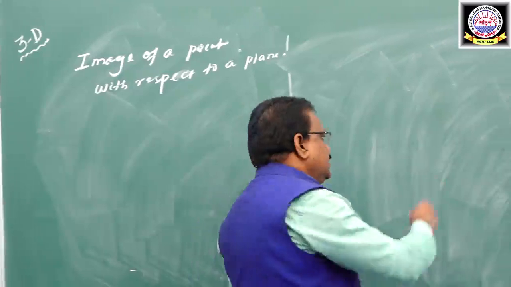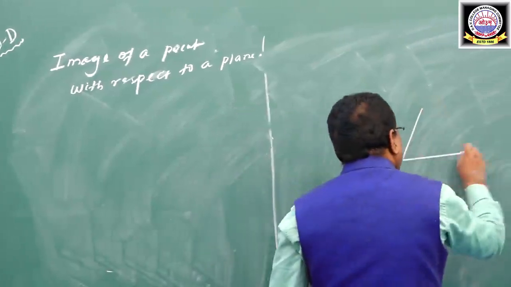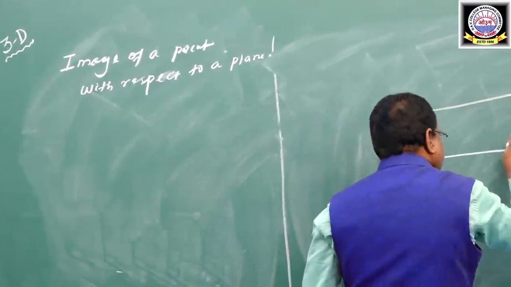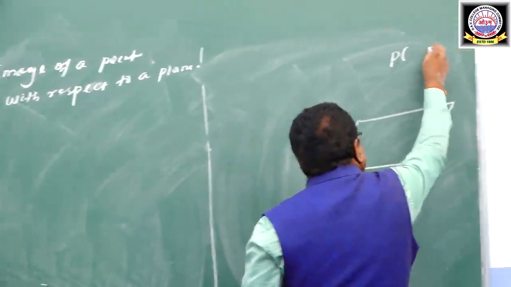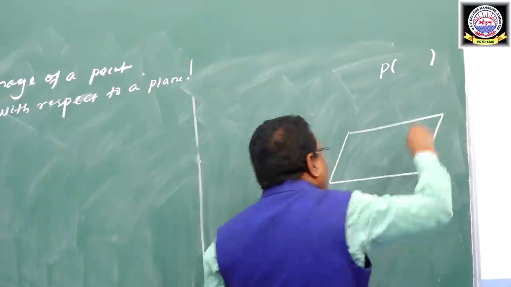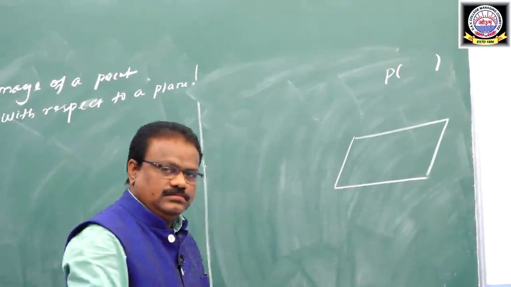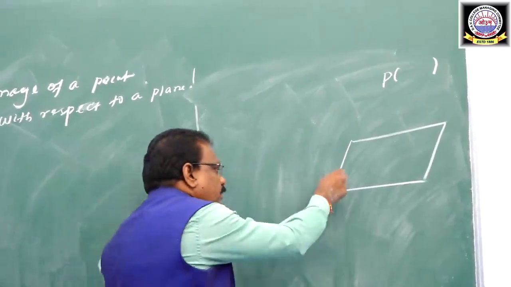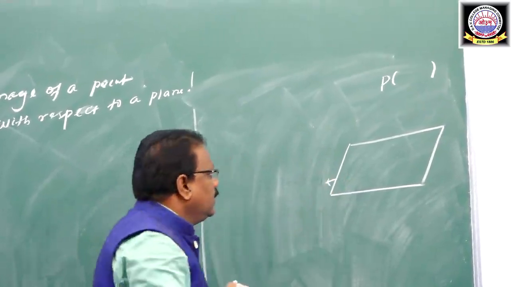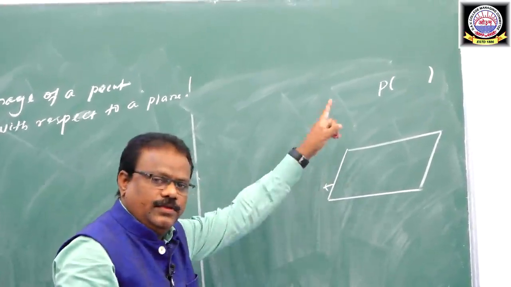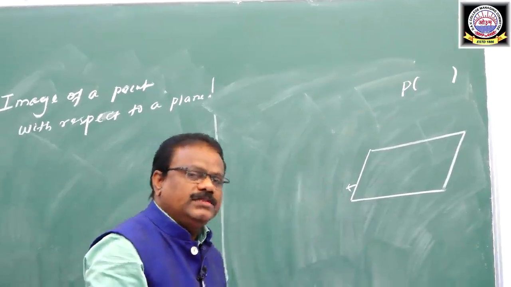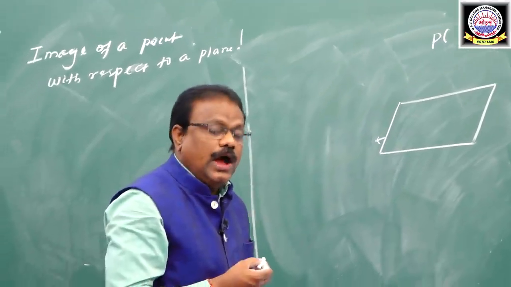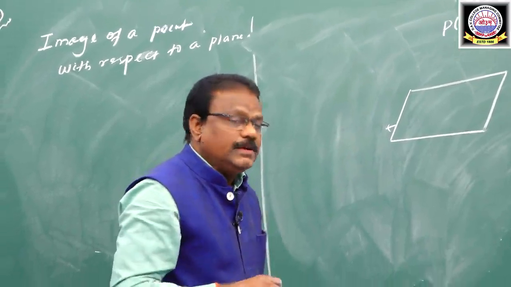So, what is the concept? One equation of the plane will be given to us, and the coordinates of the point P whose image is to be found will be given to us. Then how will we get the image? Very simple.